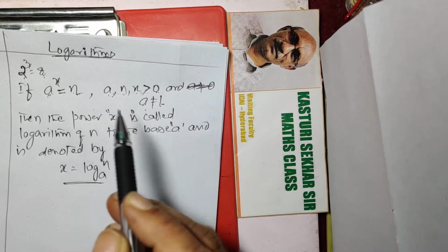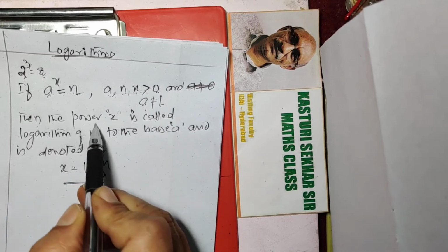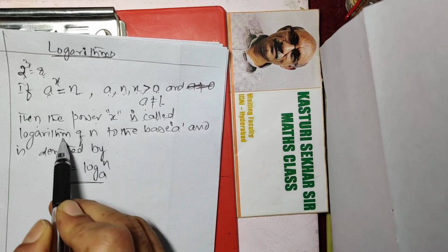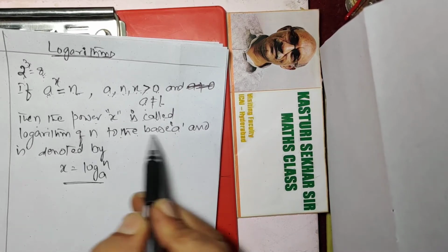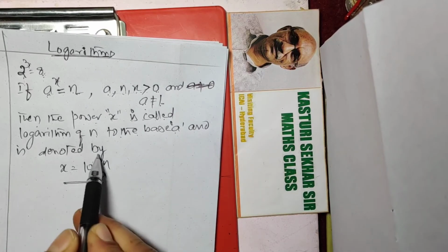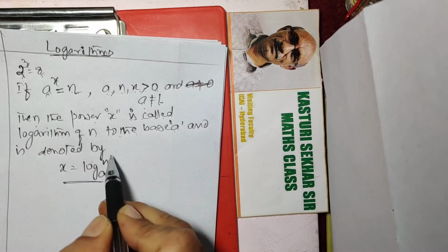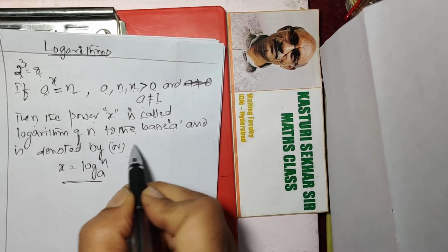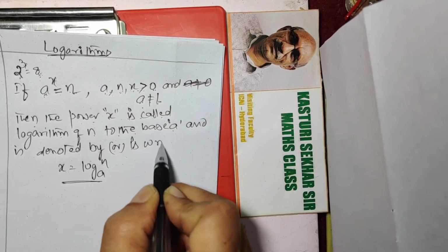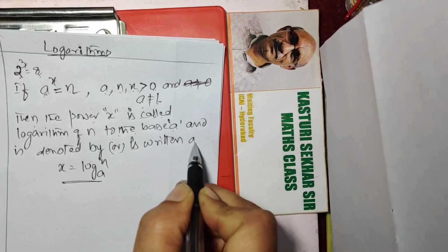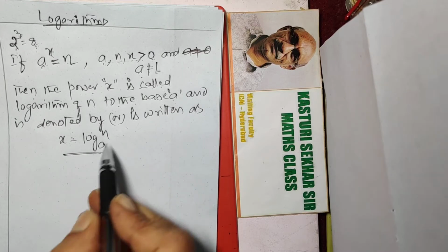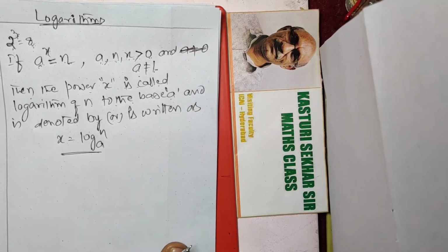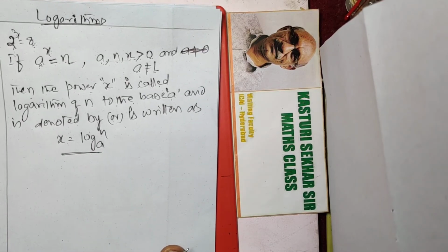This is the condition. Then the power x is called the logarithm of n to the base a, and is denoted or written as x is equal to log n to the base a.